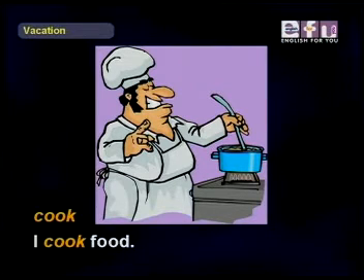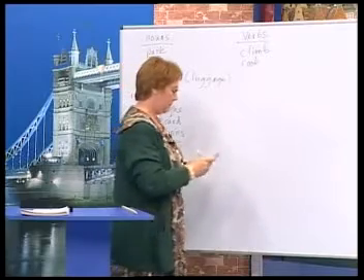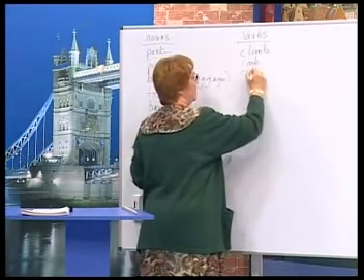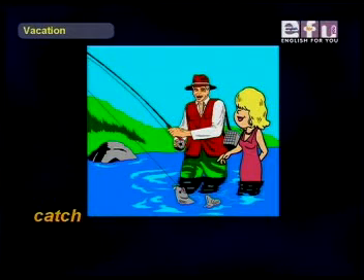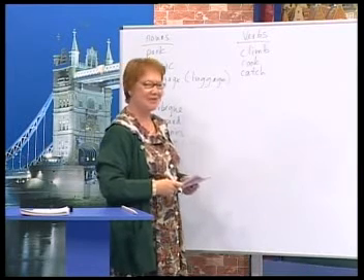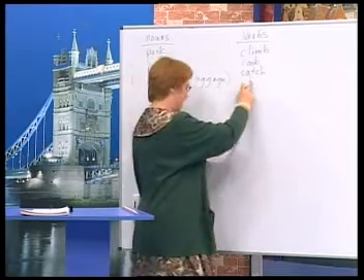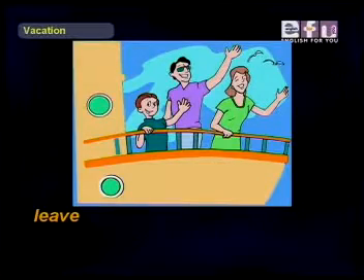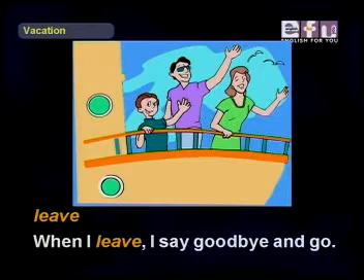Maybe I cook food for a barbecue. Catch. We catch fish when we go fishing. Sometimes we don't catch fish when we go fishing. Leave. Bye-bye. When I leave, I say goodbye and go.